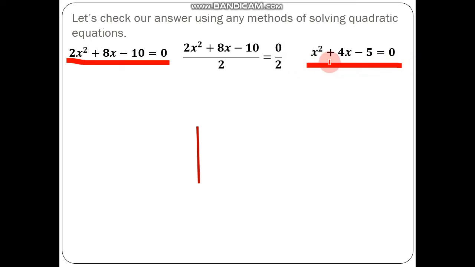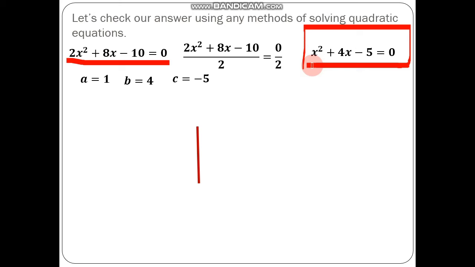X squared plus 4x minus 5 equals 0 is the simplified form of 2x squared plus 8x minus 10 equals 0. So we can identify the values of a, b, and c from our simplified equation. A is 1, b is 4, c is negative 5.